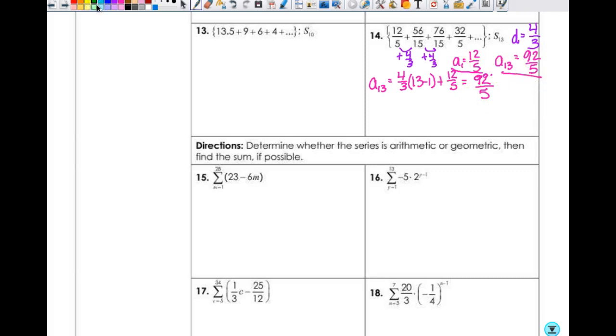All right. So now I want the sum of the arithmetic series. So I use this one. And the sum of the first 13 terms is n, which is 13, times 4/3 plus 92/5 all over 2. And I will work that out again as well, just to make sure.